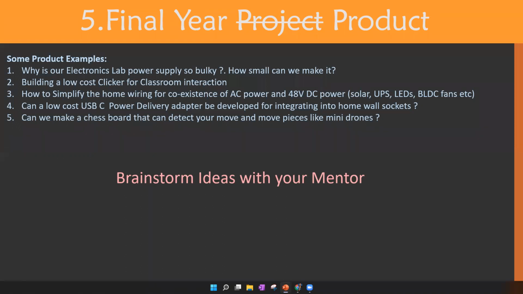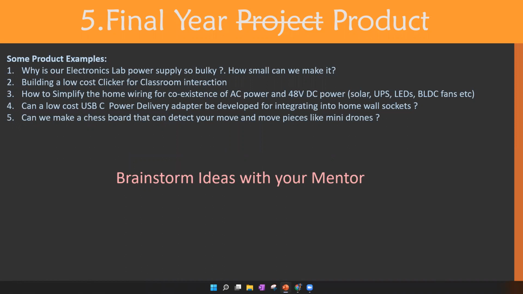As of today, we are converting all that into AC, or we are converting AC back to DC and then using it for our home appliances. Can we have something where both of them coexist? You use AC power for your heavy loads like washing machines and refrigerators. You use DC power for your fans and lights. Can we come up with a wiring which will reduce the cost of wiring itself? Like in modern homes, we can save some cost by coming up with a different wiring.